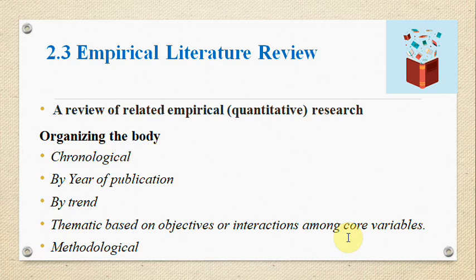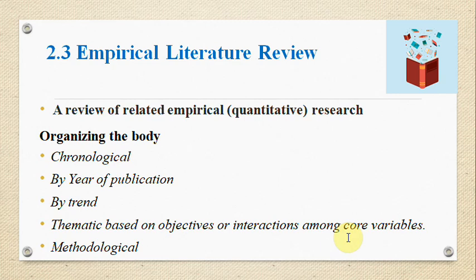If you are doing a work in 2024, empirically, except where it becomes important, don't refer to very, very far projects that have been done in the 80s. Most people that did in the year 2000 would have reviewed those work. So try to look for empirical literature review done in the recent years. But I said where it becomes necessary, you can refer to the one that has been done very far ago.